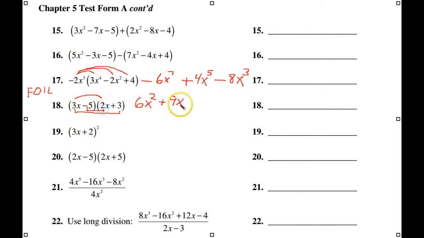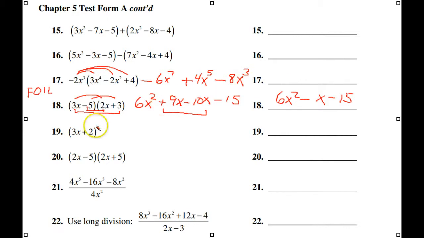My inners a negative 10x. And my last a negative 15. And we see we have like terms in the middle, so we combine those like terms. 6x squared minus x minus 15.